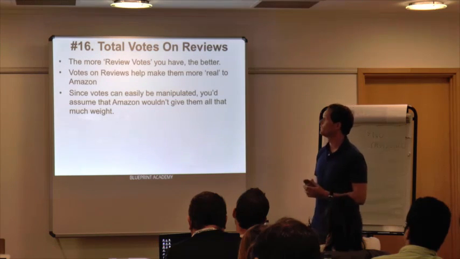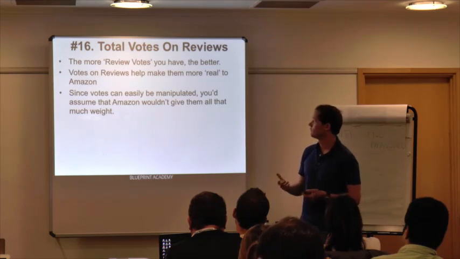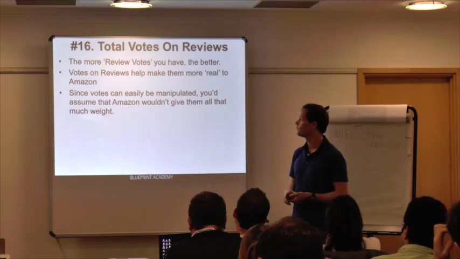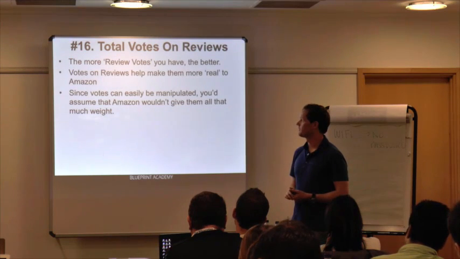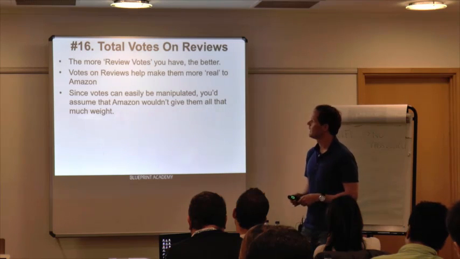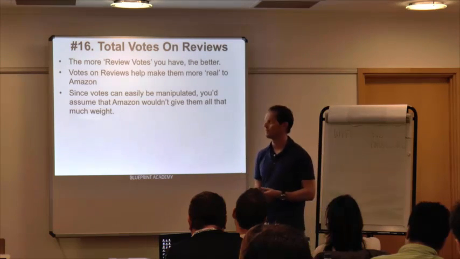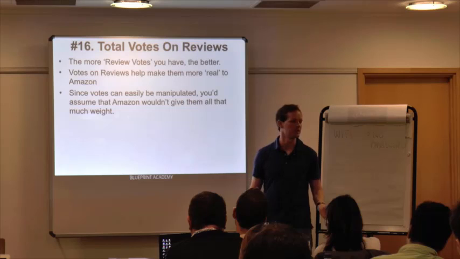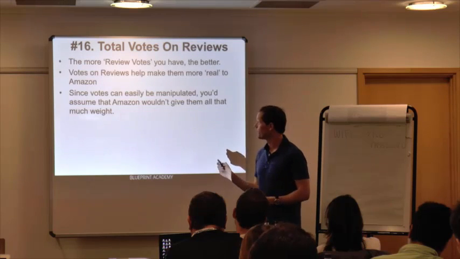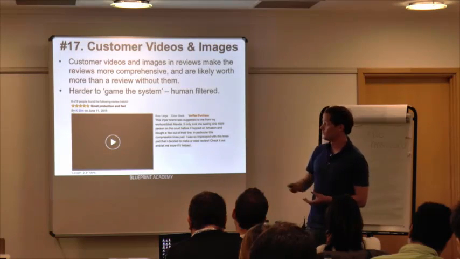Total votes on your reviews. You can vote that a review is helpful. These probably have some kind of minuscule impact, but since the votes can easily be manipulated, Amazon is probably well aware of that as well. We've spoken about this one, customer videos and images.